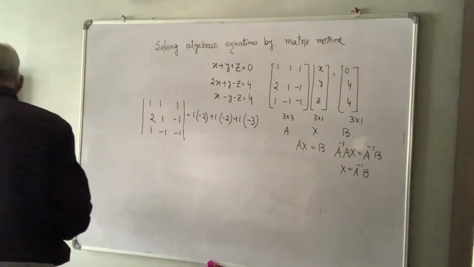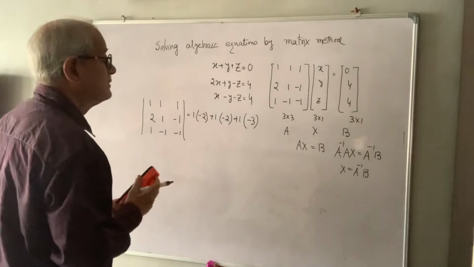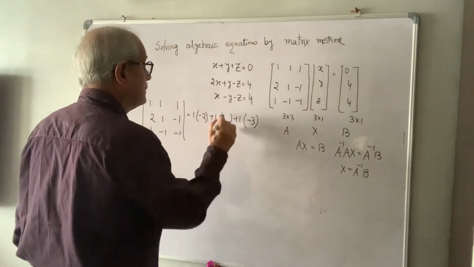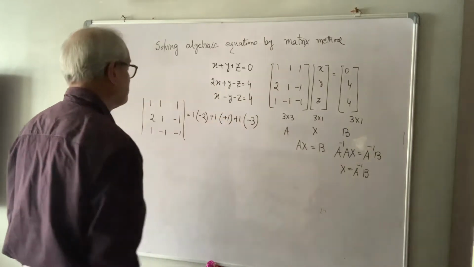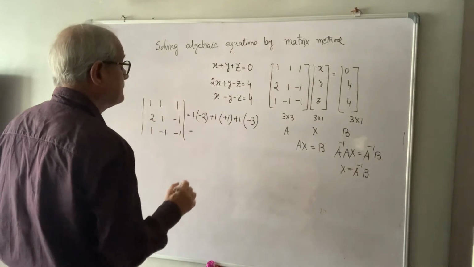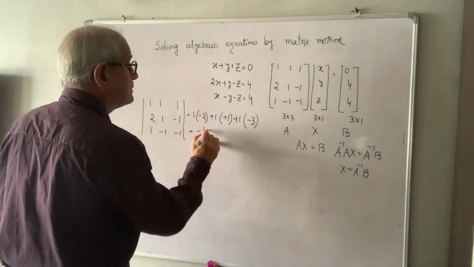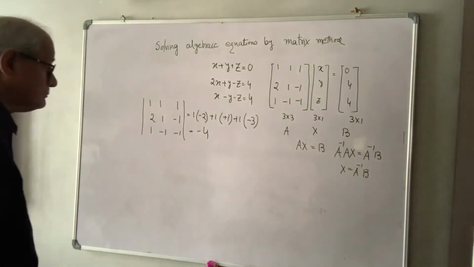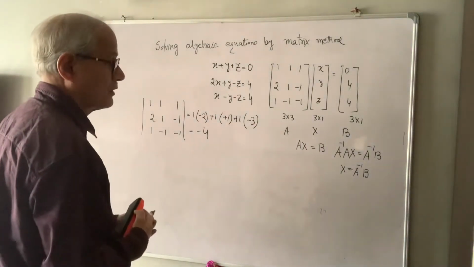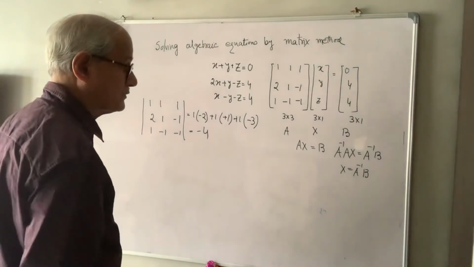This will be plus 1. This will be plus 1. So it is coming as minus 4. The value of the determinant is minus 4. We will record this value.